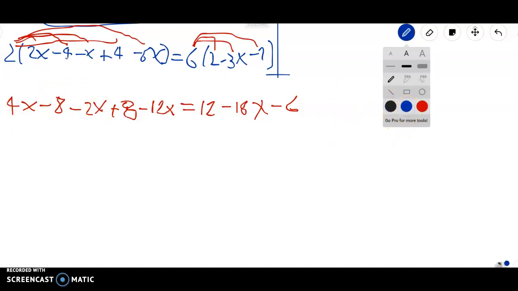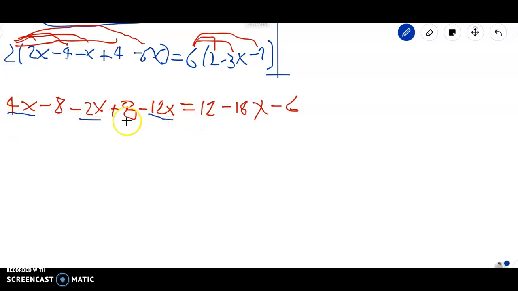Remember, organize the variables will be to the left. So for x minus 2x minus 12x, these numbers will stay here in this side, and minus 18x comes to the left with the positive sign.